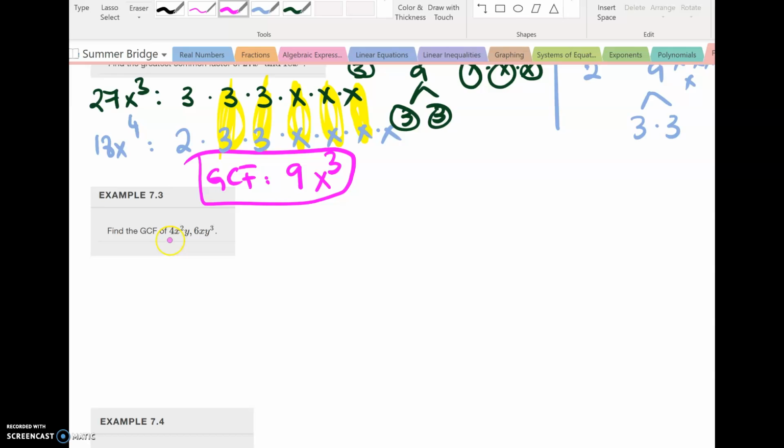Now we're going to break down a few more. 4x squared y can be broken down into 2 times 2 times x times x times y. Then we take 6xy cubed. 6 can be broken down into 2 times 3 times x times y times y times y.